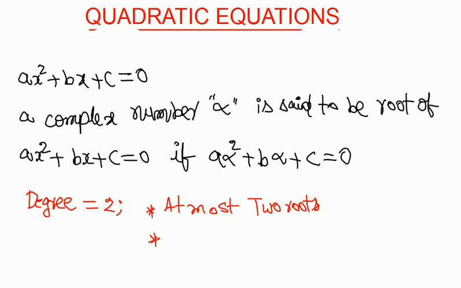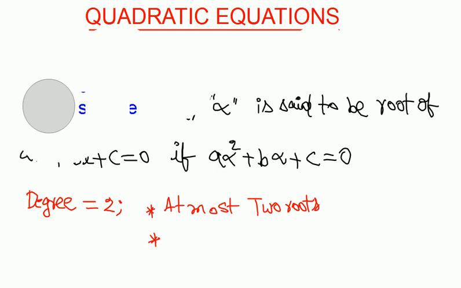Those 2 roots may be real roots, may be complex roots. Every quadratic equation has at most 2 roots. Now, what are the methods available for finding the roots of a quadratic equation?